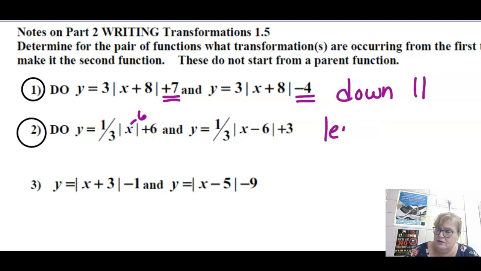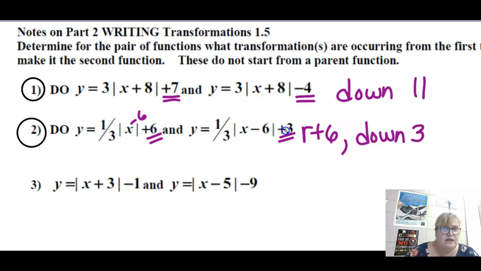Nope, just kidding. Right 6, opposite of what it seems. And then on the back, it used to be up 6, and now it's only up 3. So it actually shifted down 3 to get here. From here to here made it go down 3 because they subtracted 3 off.